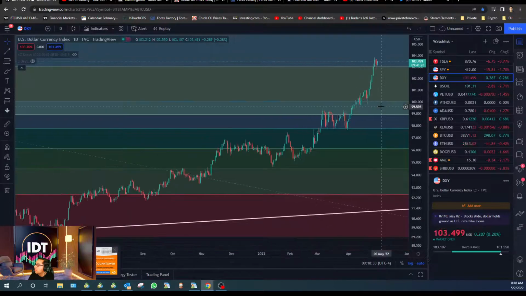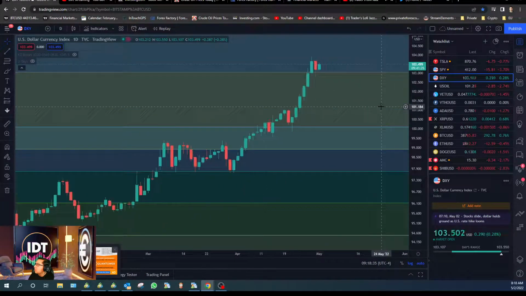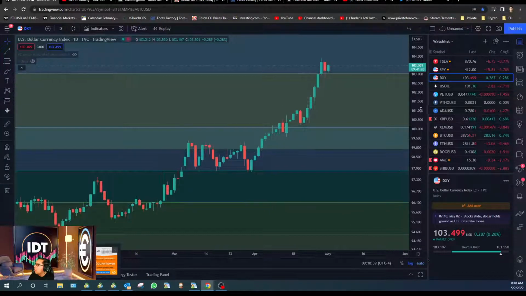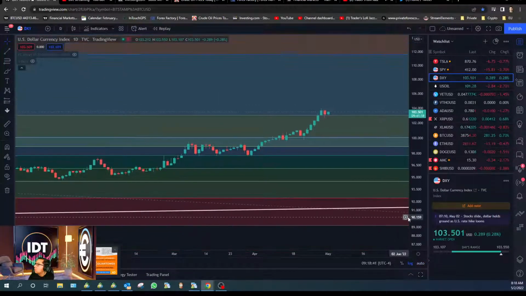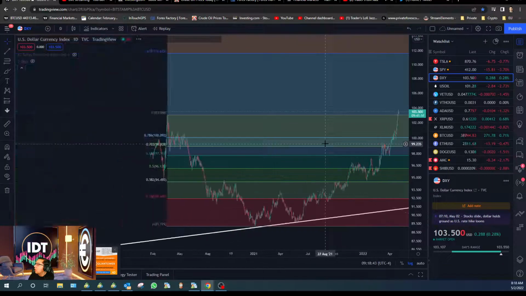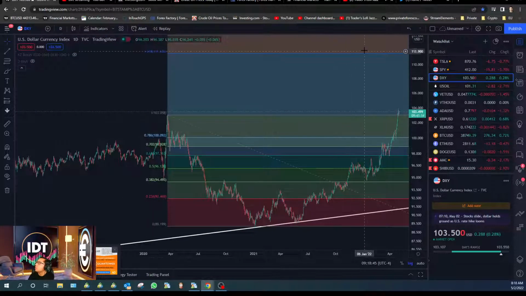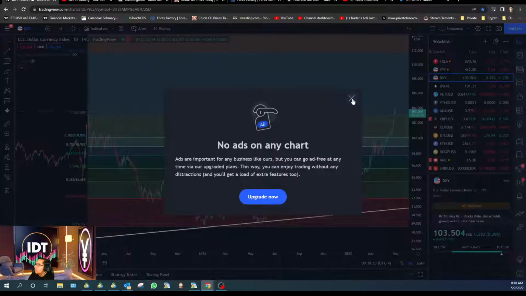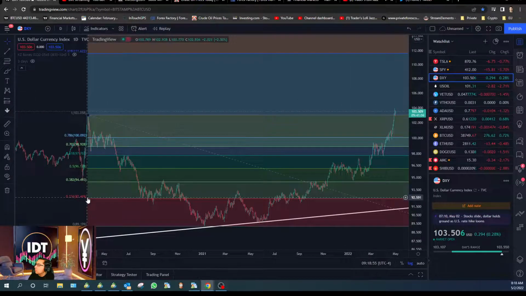Looks like it's risk off. This is the dollar index chart, 103.50 on the daily. So we've got plenty of room. This is fibs from the COVID spike.